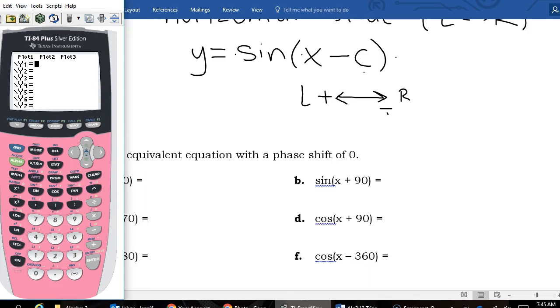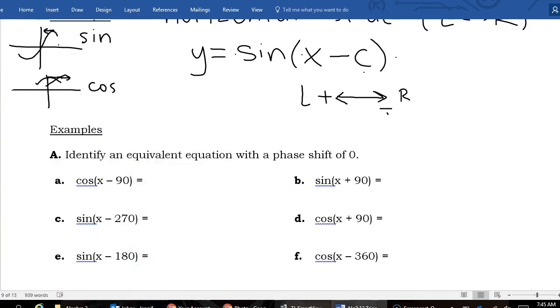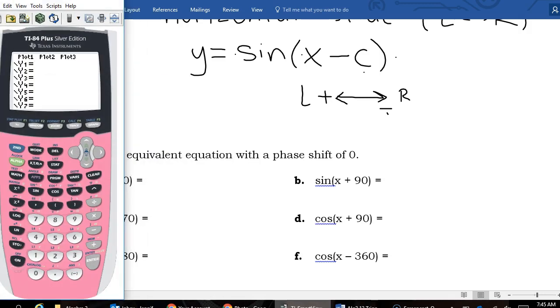I'm going to graph it to double check. So this was cosine x minus 90. And if I graph that, you saw me put in a cosine, it looks like a sine. And that's again because the regular cosine here shifted over 90 degrees and now it looks like a sine.